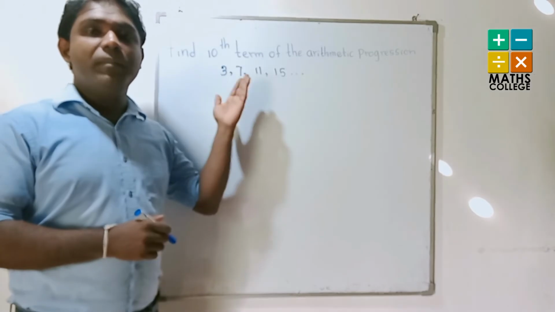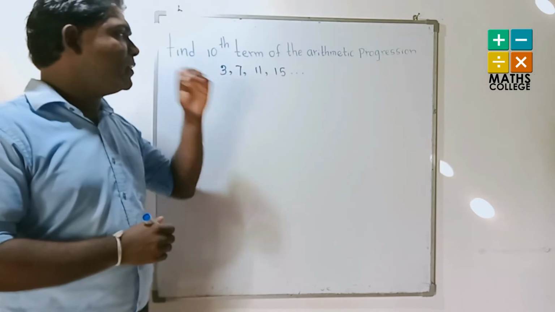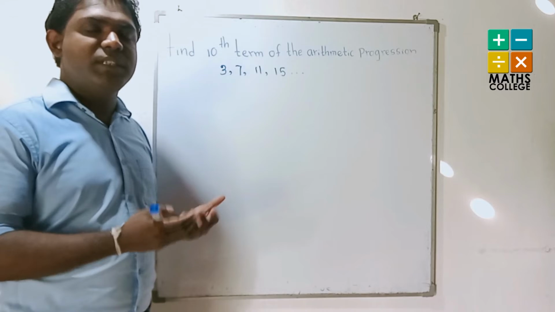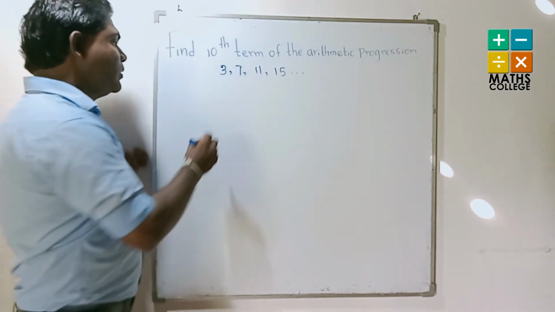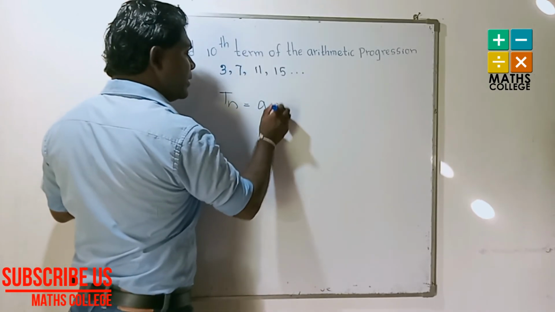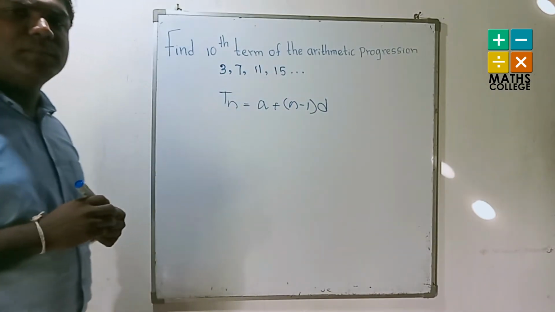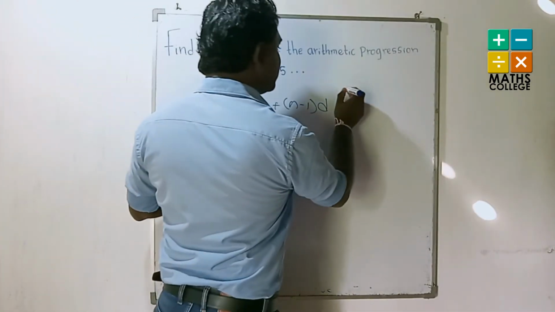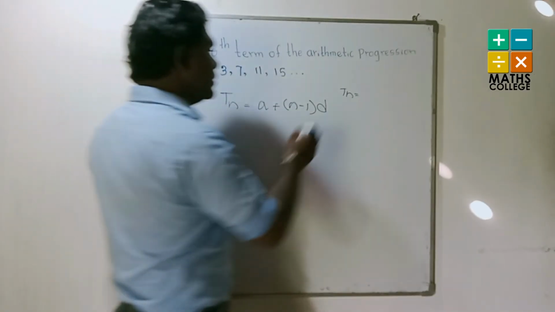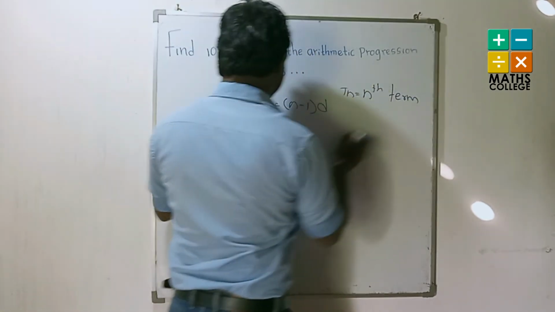Here the number sequence of the arithmetic progression is 3, 7, 11, and 15. We have to use the general term, that means our formula, Tn equals A plus n minus 1 into D. What is Tn? Tn is the nth term.